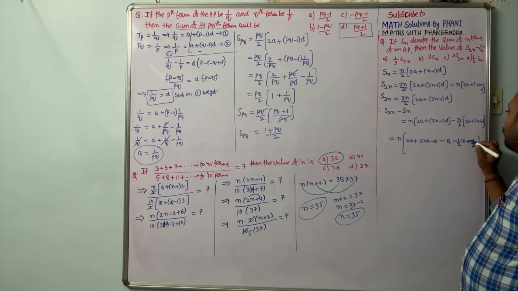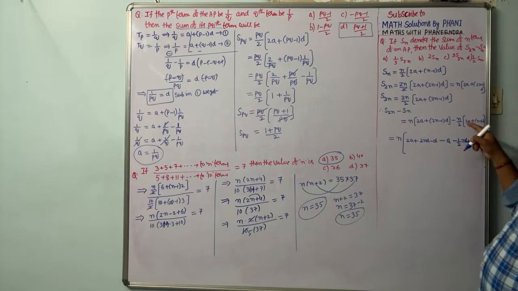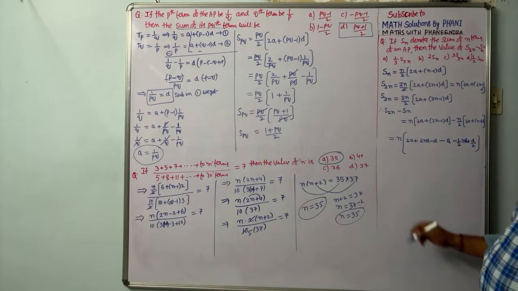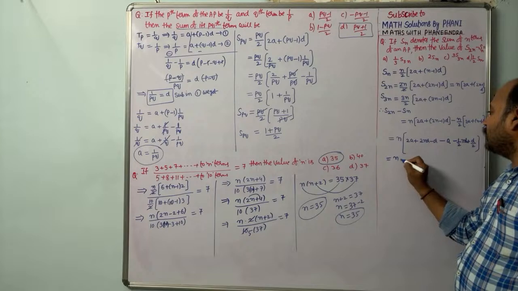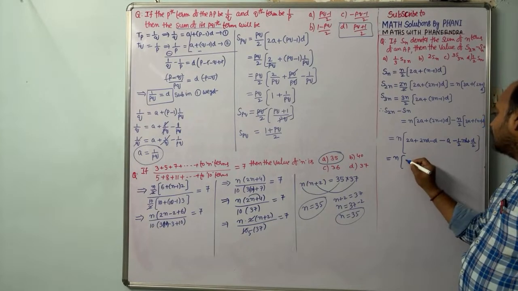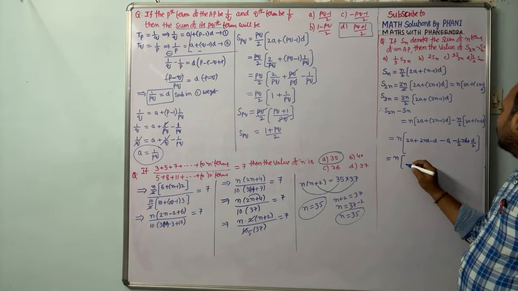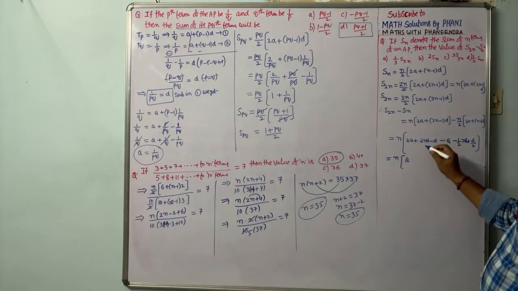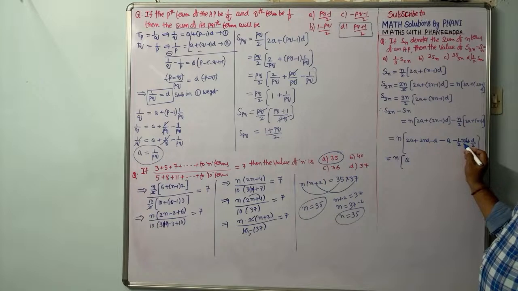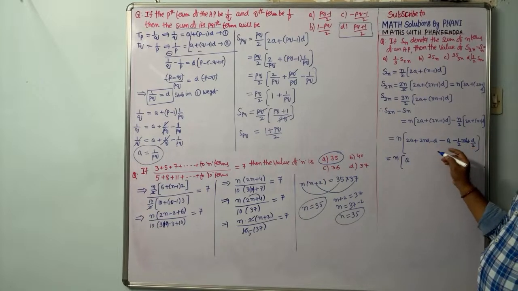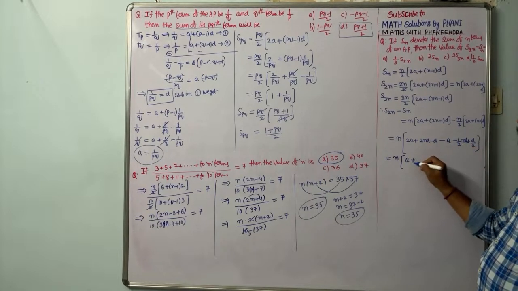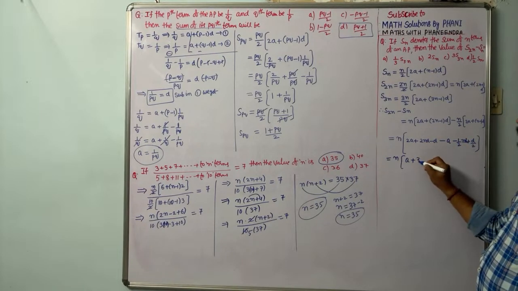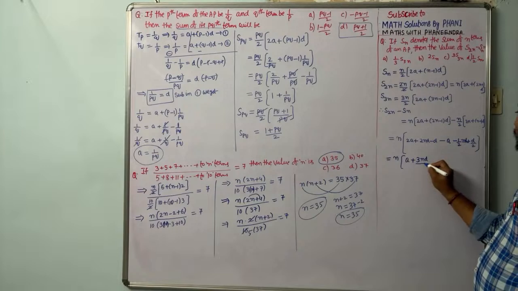Then d also will come, no? 1 by 2 into n into d, so minus d by 2 is correct, absolutely. So n into 2a minus a is a, 2nd minus, so 4nd minus nd, 3nd by 2.